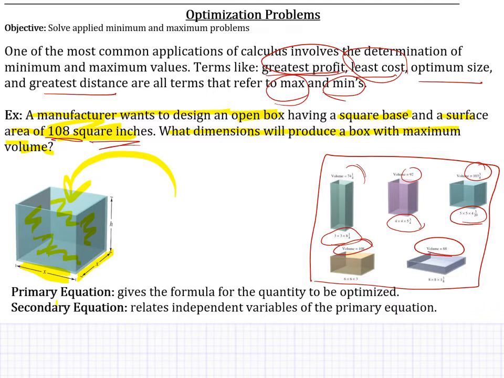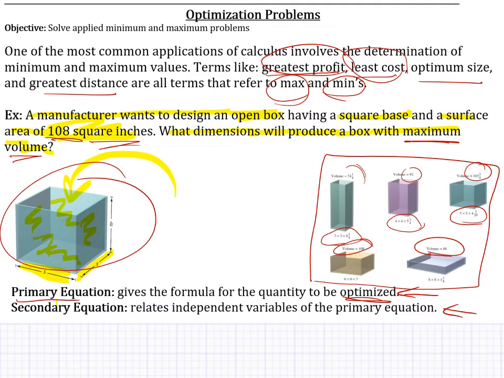So what we're going to do is identify a primary equation and a secondary equation, and there are reasons for this. The primary equation is the equation that you're trying to optimize, what you're trying to find a maximum of. Well, we're trying to find a maximum volume, so the volume of this box will clearly be our primary equation. If the box has a square base, we can call each one of the sides x, so x by x, and then there's going to be some height, which we'll call h.